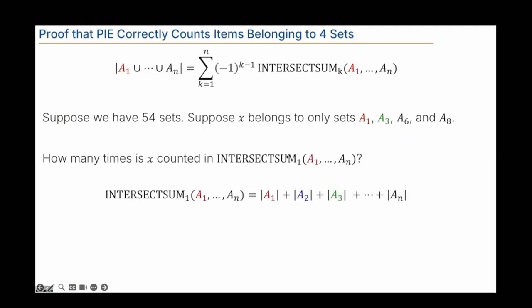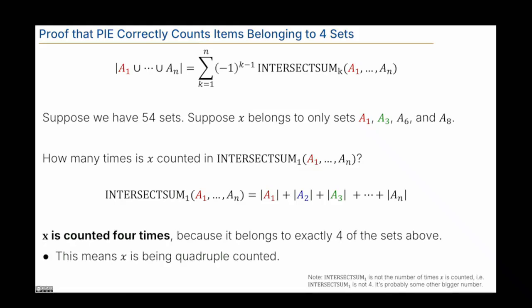I'm going to start with intersect sum 1. So when I have x, if x belongs to these 4 sets, how many times does x get counted when I add up all of these here? Intersect sum 1, I should say first, is possibly some giant number, like 286 million. I don't know what it is. But how many of that 286 million does x contribute? 4, right?